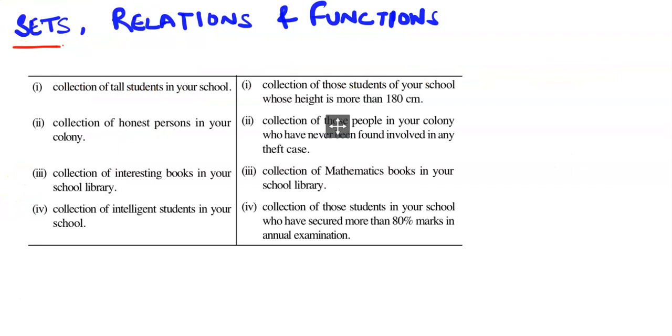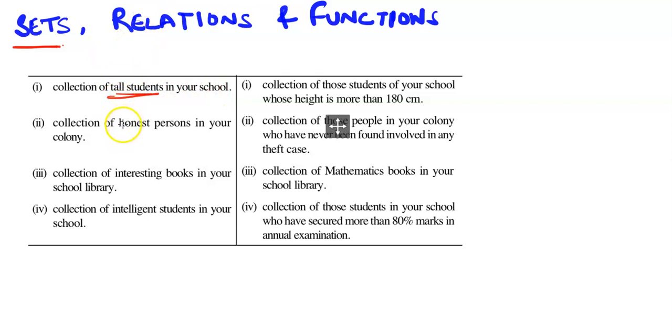Before defining any terms of this lesson, let's first consider a few examples and try to classify whether these are sets or not sets. A collection of tall students in your school: do you think it is a set or not?